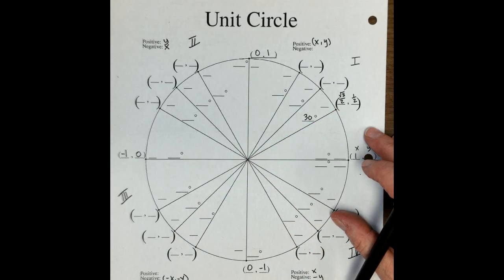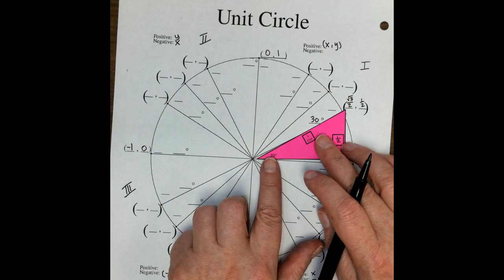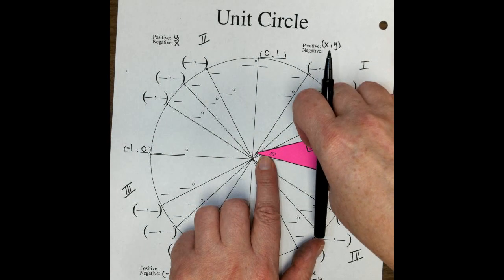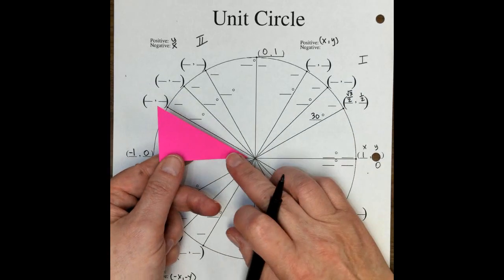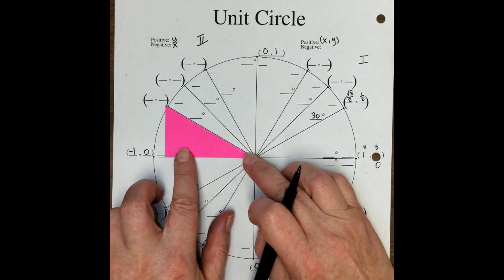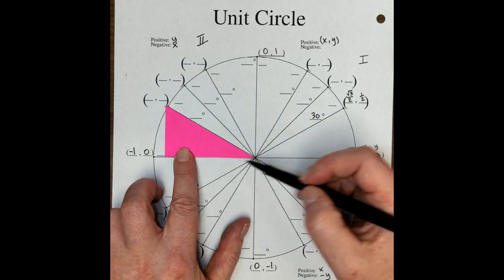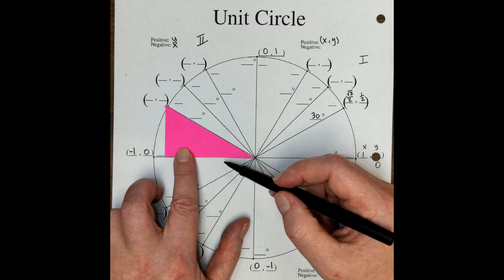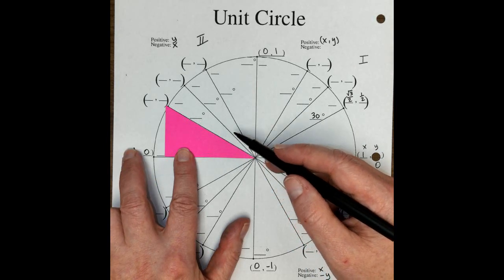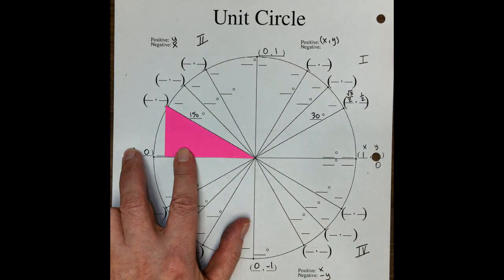Alright. So now I'm going to take this same guy, and I'm going to flip it. If I flip it across here, this guy is still 30 degrees. However, I have 180 here minus 30. 180 minus 30 gives me 150 degrees.